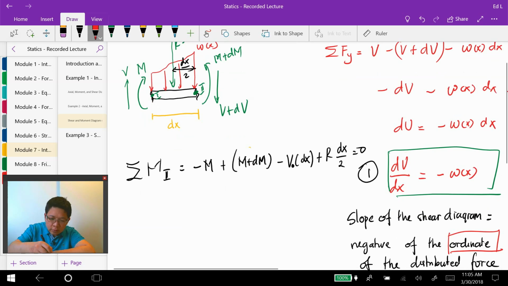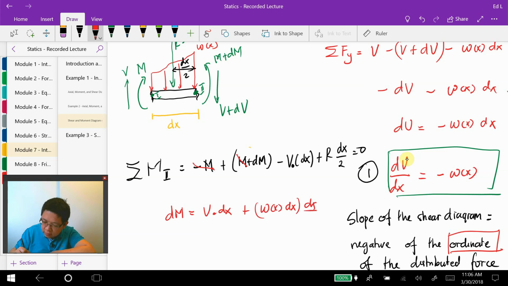We know that M can be cancelled out, so we can write dM is equal to V dx plus R, which is w(x) dx, times dx over 2.